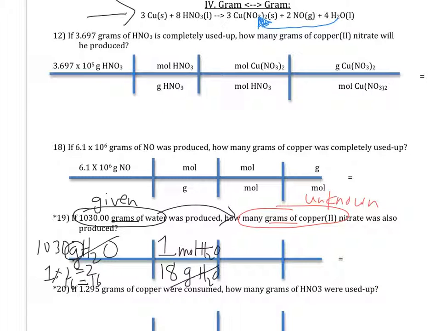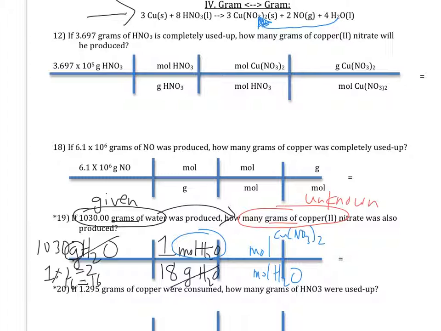I'm going to put moles of water in the denominator, and moles of copper nitrate, Cu(NO3)2, in the numerator. That's my mole-to-mole ratio.